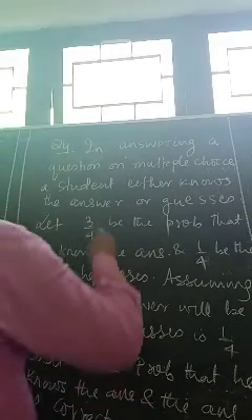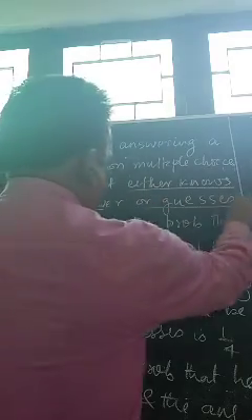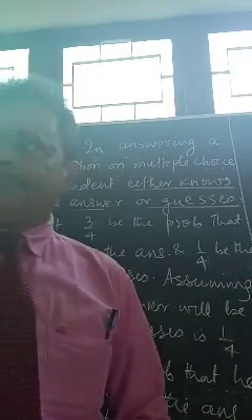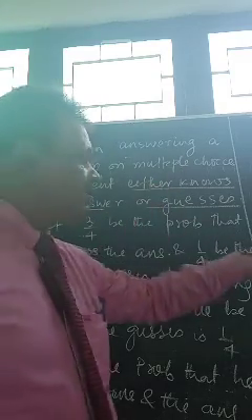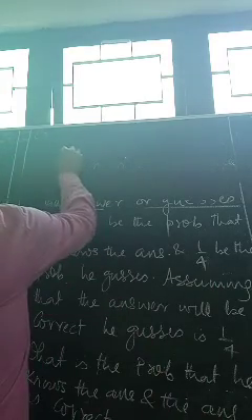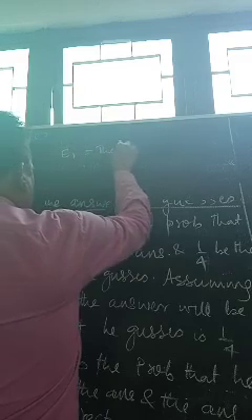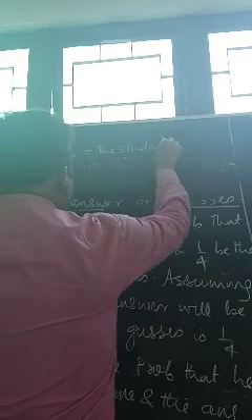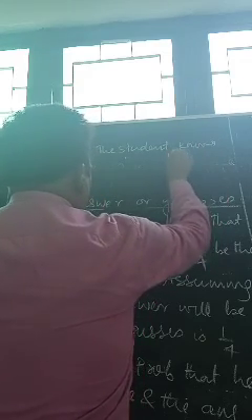E1, that student either knows the answer or he guesses. Means there are two parts here. He knows the answer, E1, its complement, he guesses. So you can write that E1, the student knows the answer.